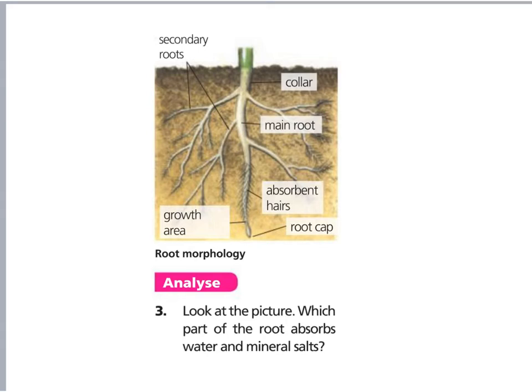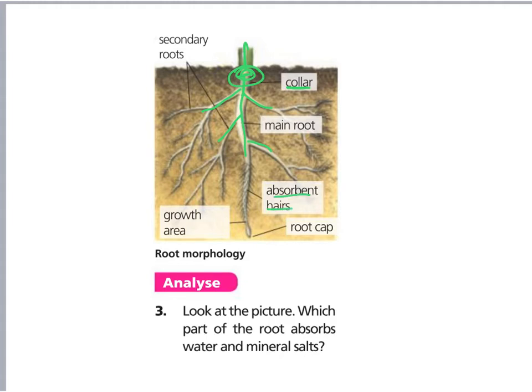Okay, here you have the anatomy of the root. So this is the root, and here, this is the collar. The collar is the union between the root and the stem. Normally we have a main root and also secondary roots where you are not going to find any absorbing hairs.